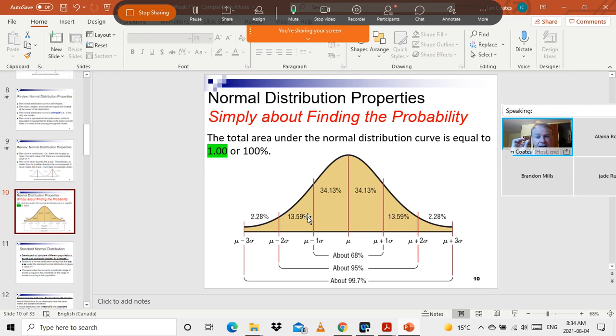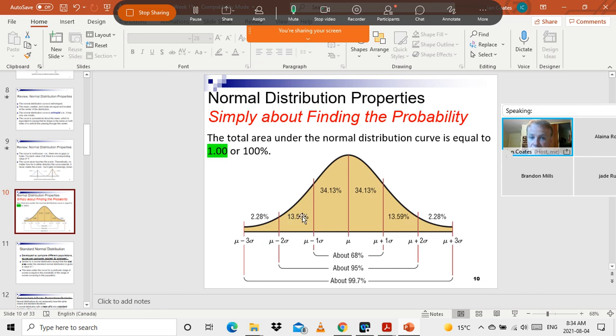Odds is kind of the same thing, but it's what you're looking for divided by what you're not looking for, or always in a ratio form. So have a look at that. Any issues with that, let me know. But what I want you guys to understand now is that the areas under a curve correspond to probability. What chance am I going to get at choosing? So that's where we're at.